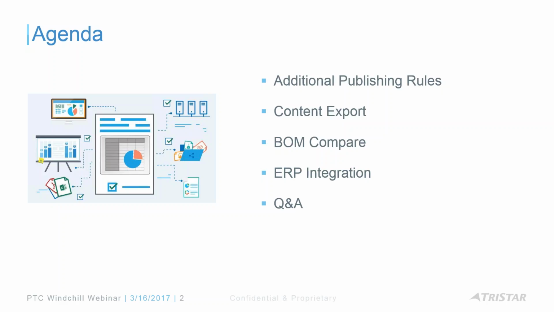There's a nice app that allows you to compare information, even flatten out your BOMs to compare them together. And this could also be extended to extract BOM information out of other systems, things like ERP systems or MRP systems.